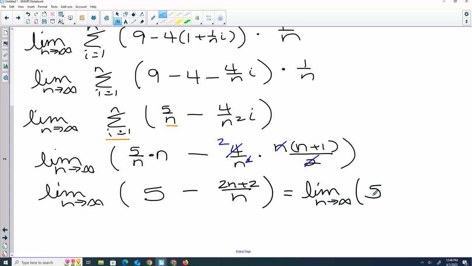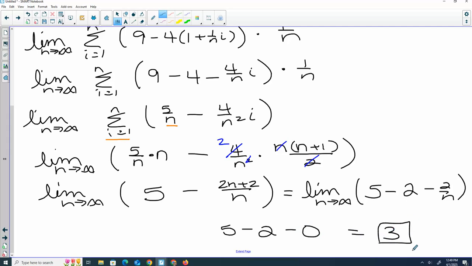It's 5 minus 2n over n, which is 2, because those n's cancel. Minus 2 over n. If n goes to infinity, a number over infinity turns into 0, so we get 5 minus 2 minus 0, which is 3.